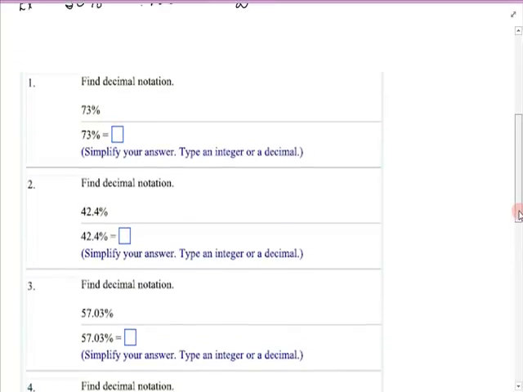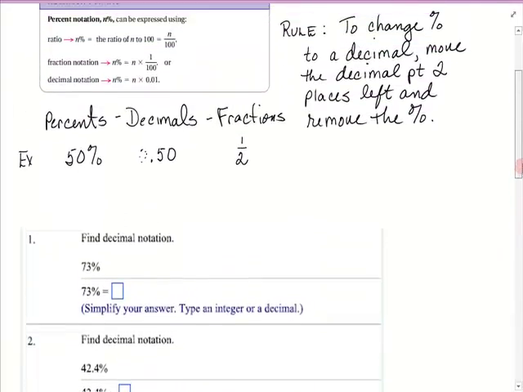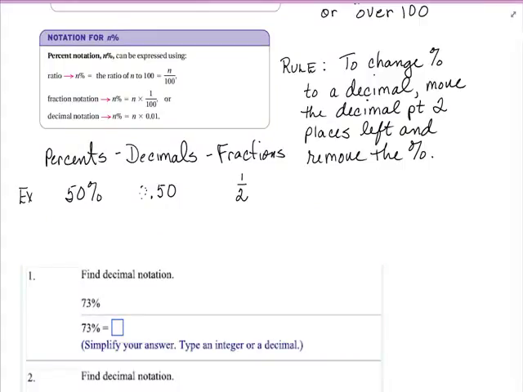All right, I think I have the rule written right here. I recommend that you write this down. To change a percent number to a decimal number, you move the decimal point 2 places to the left. You might ask why 2 places, because 2 places will take care of tenths, hundredths, and then you remove the percent sign.